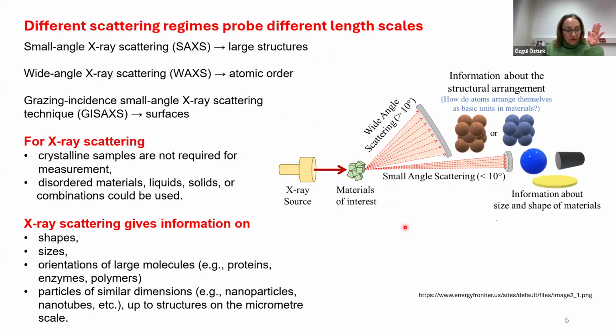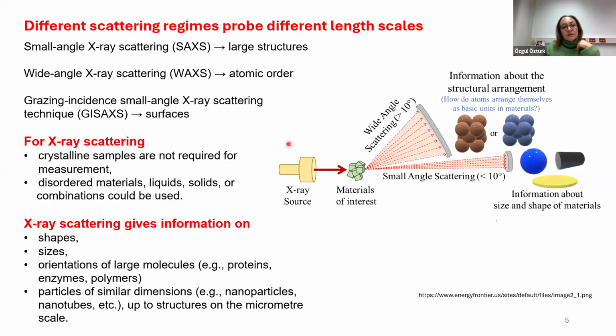Because the scattering occurs at very small angles, SAXS is sensitive to overall sizes, shapes, and spatial correlations of particles, domains, pores, or density fluctuations in the materials. Therefore, SAXS is widely used for soft matter, nanomaterials, and disordered systems.